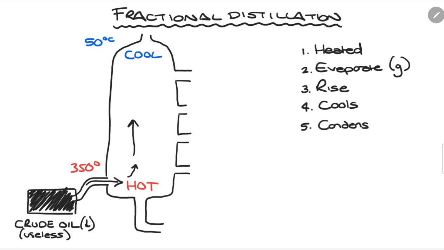Because crude oil is a mixture of compounds which have different boiling points, anything with a high boiling point is going to condense, let's say, here, and become a liquid, where it will fall and run into, let's say, this pipe here.